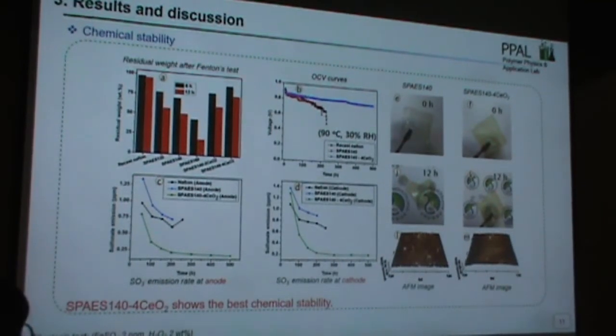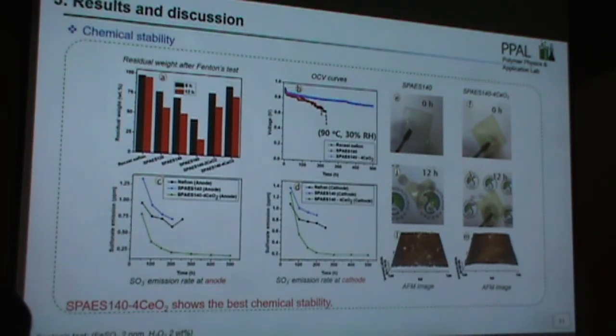The reason is that when I increase the sulfonic acid concentration, it increases the water uptake and swelling ratio of the membrane. So the radicals can easily come inside the membrane and attack the polymer structure.